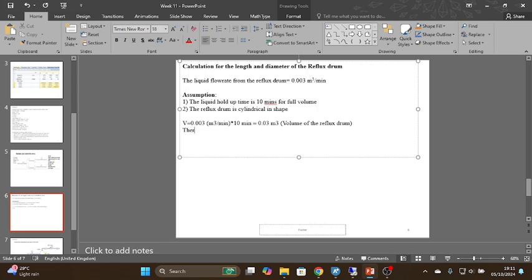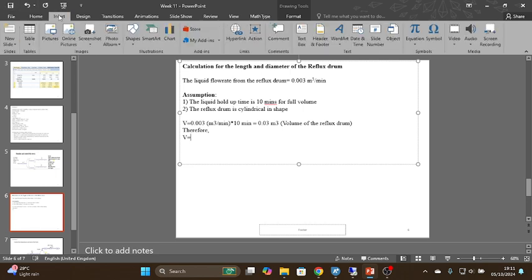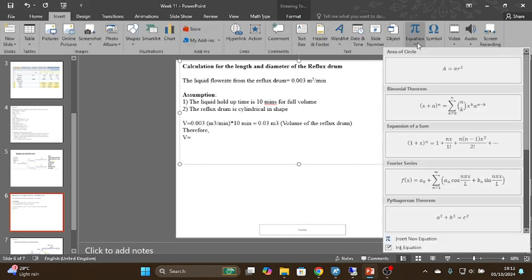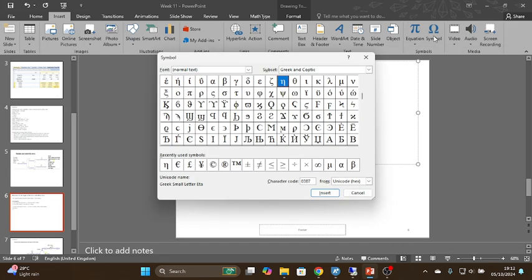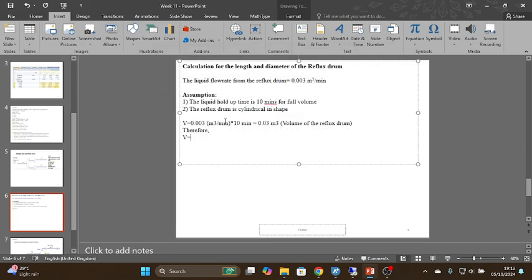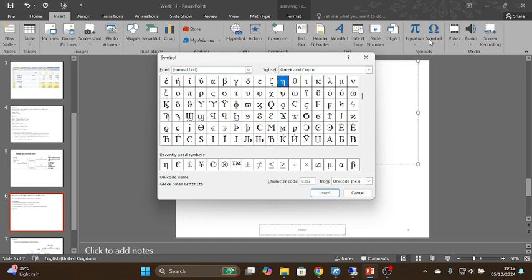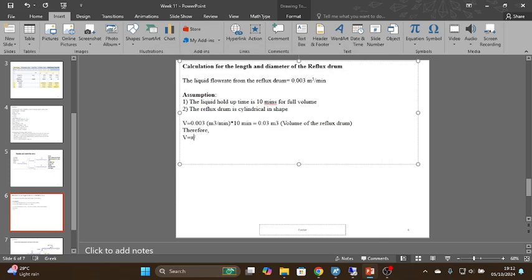Therefore, this V will be equal to pi by 4 into d square into L. I hope this is clear.